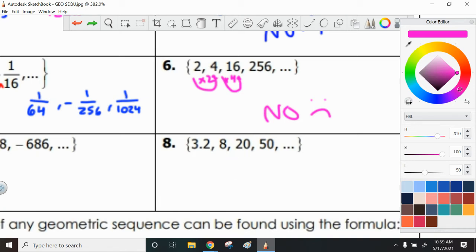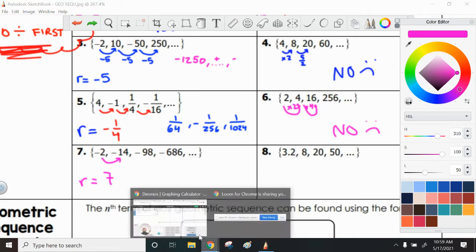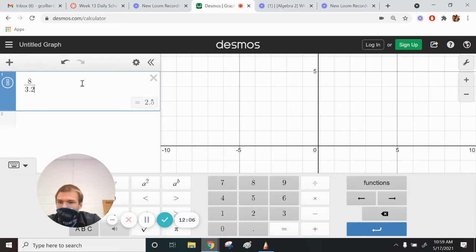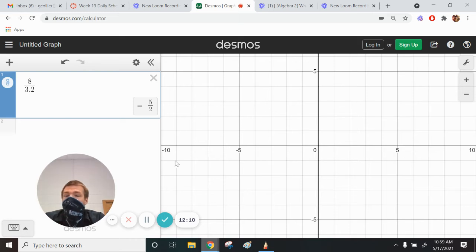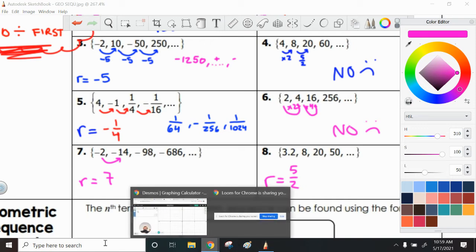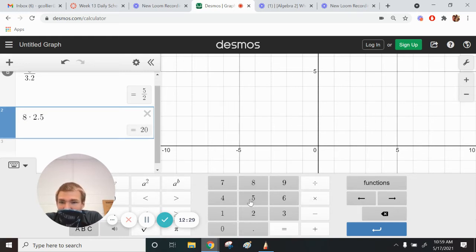So maybe it is a fraction. Even though that's not nice, we still have to check. Second divided by first, that would be 8 divided by 3.2. I'm getting 2.5, or 5 halves, as a ratio here. Now, I'm not sure that that works. That's how we get from the first to the second, but let's make sure. 8 times 2.5 gives us 20.